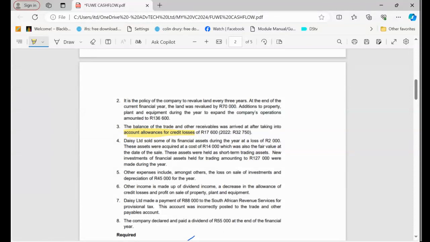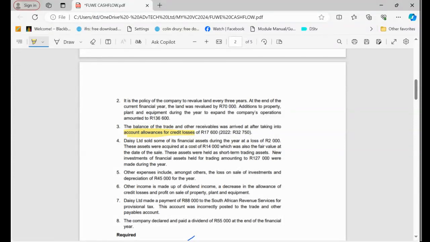Remember, when we take money, we provide for the bad debt. It's not a good thing because we are taking money that belongs to the business for credit losses. So if it decreases, it means we are getting money back, the one that we provided for. In other words, the business is getting its money back. So a decrease has a positive impact because we are getting our money back to the business.